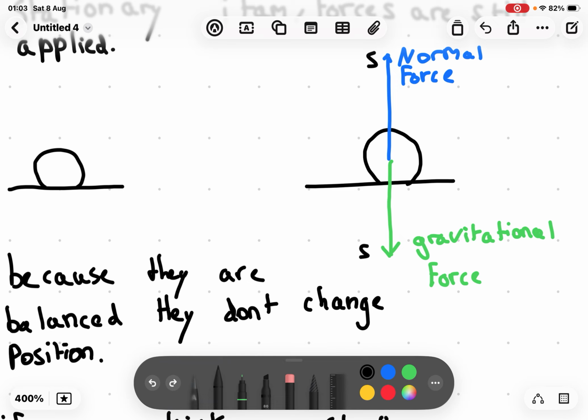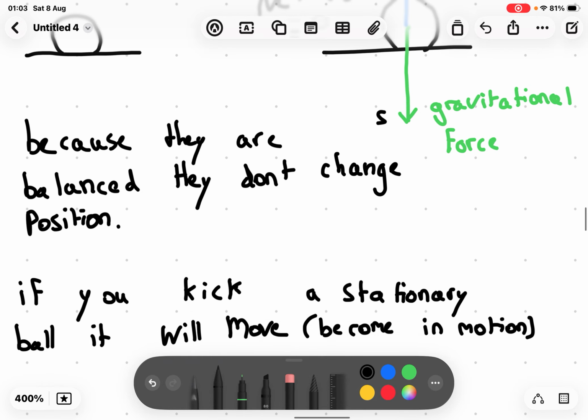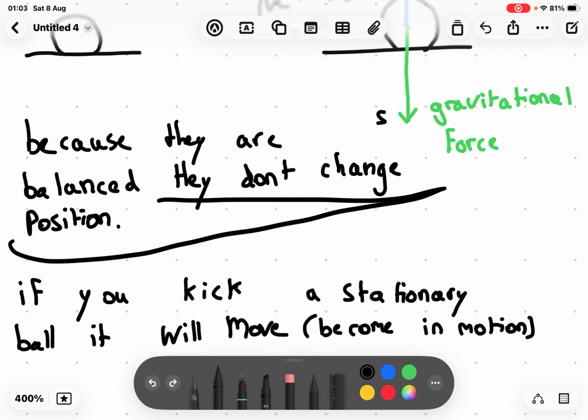So it's 5 and 5, right? Usually we add forces if they're on the same side, but because they're opposite, one of them is a minus, so it's 0. So the net force, which is a sum basically, is 0.